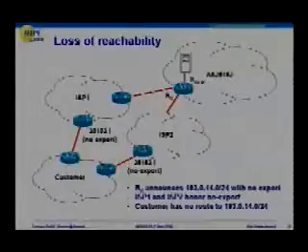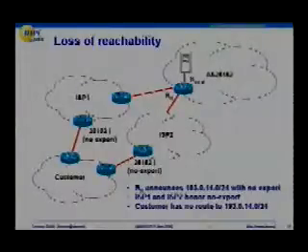Therefore, if we announce the aggregate, then the packets from the customer can reach the upstream, because the customer does have a route to the K IP address, and once it's there, it will get routed to the local node that ISP has chosen. So that's it. If there are any questions, I'm happy to take them.